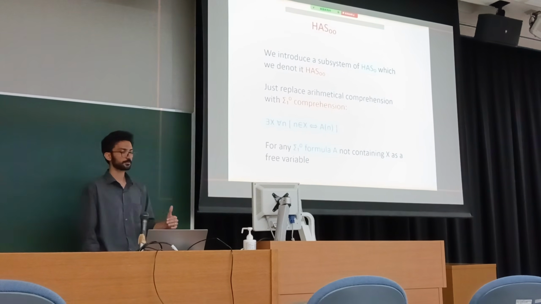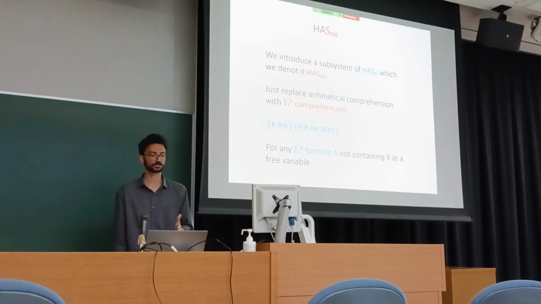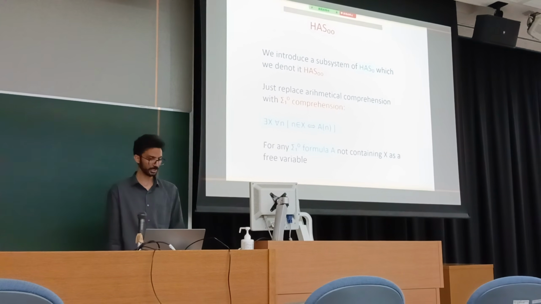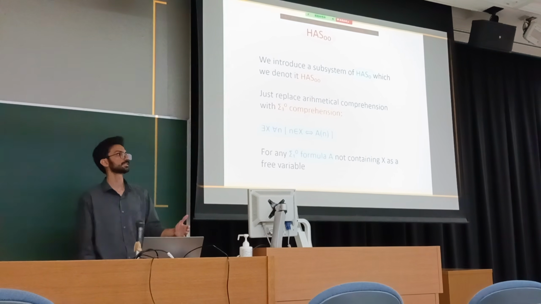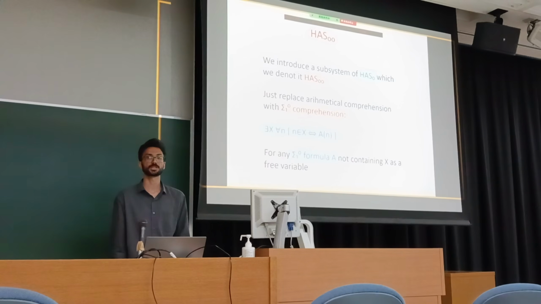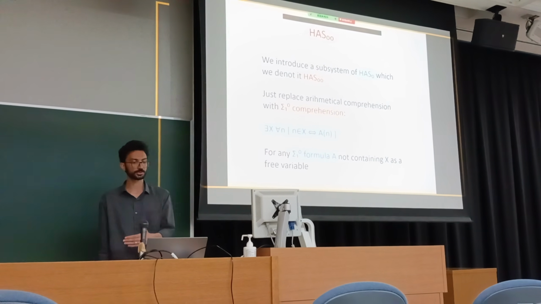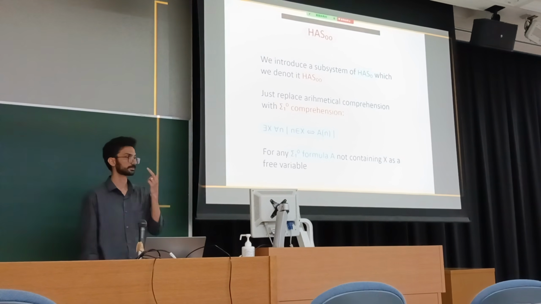We introduced a weaker subsystem of HAS0, which we denoted by HAS00. To get HAS00, you just need to replace the arithmetical comprehension with sigma 01 comprehension. And sigma 01 comprehension says that every sigma 01 formula defines a set.